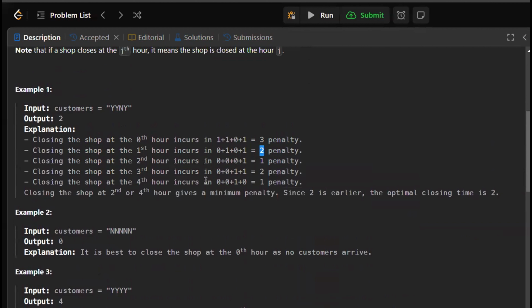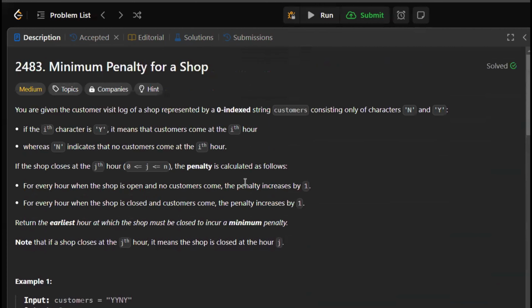So here we can see that the answer is 2, because closing the shop at the 2nd and 4th hour gives the minimum penalty. Since 2 is earlier, that's why the optimal answer is 2. I hope you understood the problem statement.